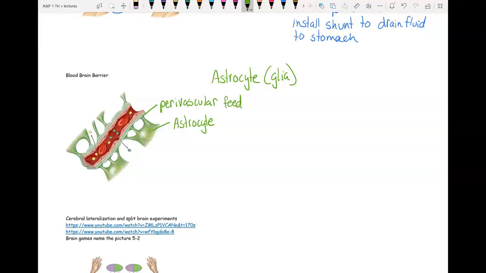And notice how they wrap around the blood vessel. So the astrocyte has perivascular feet that wrap around the blood vessel.